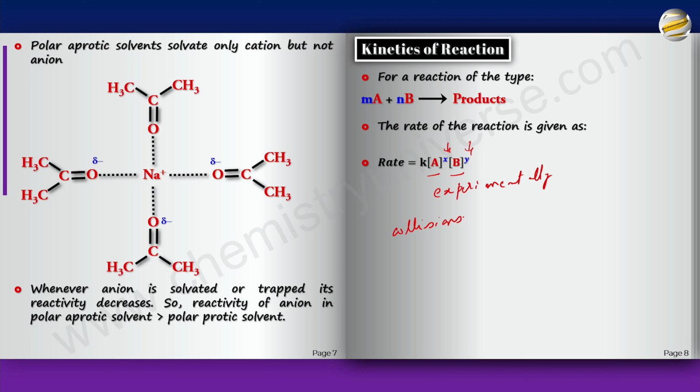So if you say, for example, 1 A is colliding with 1 B to give a product, the moment I double the concentration of A, the probability of collision of B with A doubles. In the same amount of time that it was colliding previously, it will have double the chance of colliding with A. So the moment you increase the concentration of A, the probability of collision with B increases.